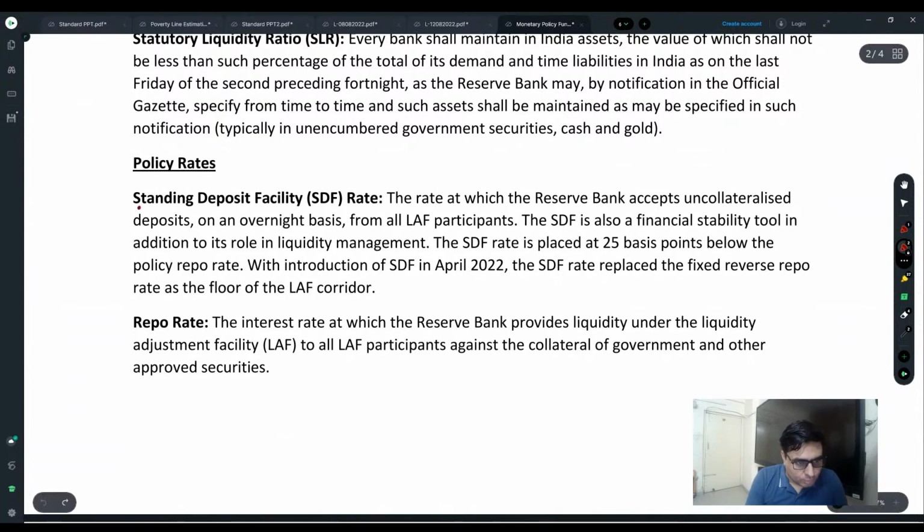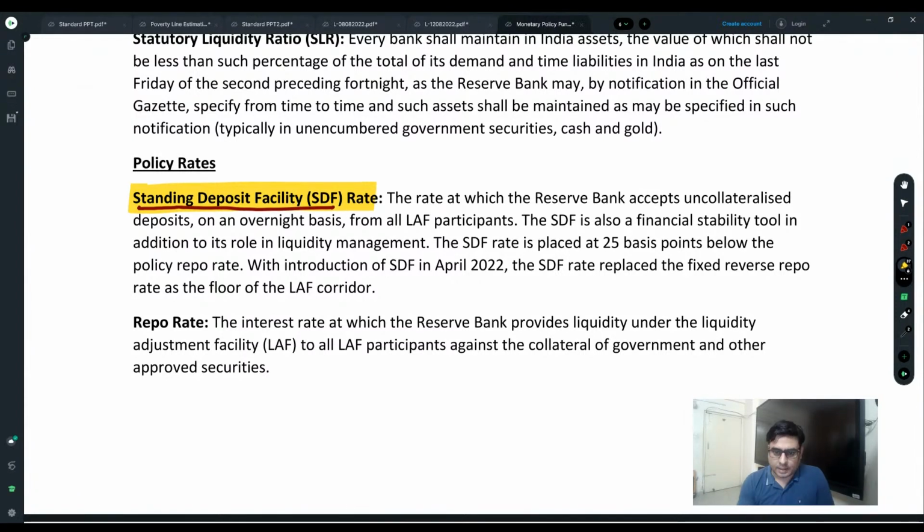So this standing deposit facility is the rate at which the Reserve Bank of India accepts, a very important term, uncollateralized deposits on an overnight basis from all LAF participants.